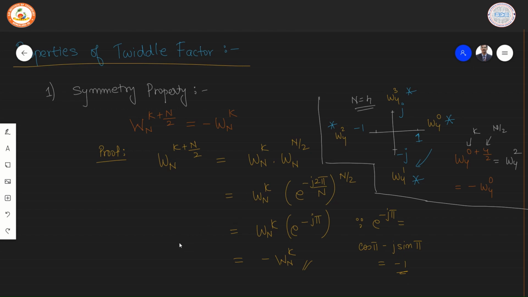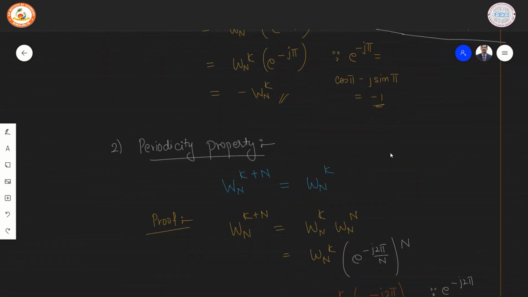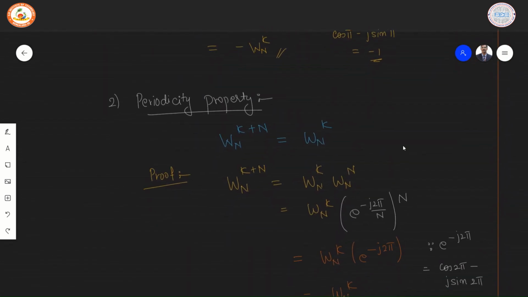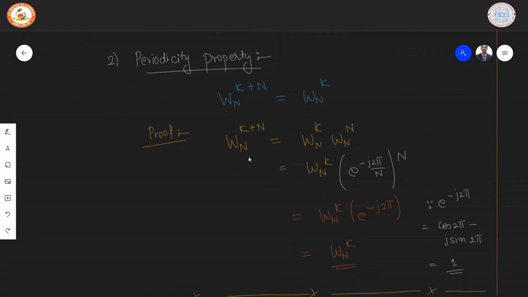The next property is called periodicity. Now, the Twiddle factor is periodic with a period of capital N. Therefore, W_N to the power of (k + N) is equal to W_N to the power of k. This can also be proved in a similar fashion, splitting the exponent into two terms, W_N to the power of k into W_N to the power of N, keeping W_N to the power of k as it is, and substituting for W_N in the second term.